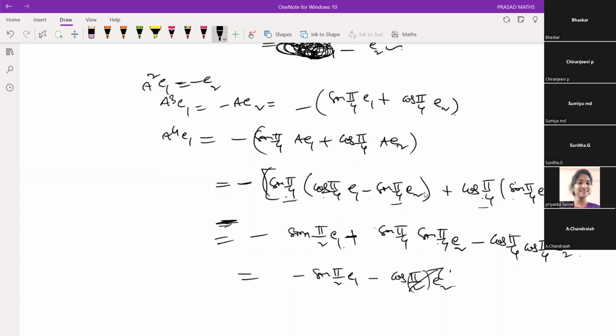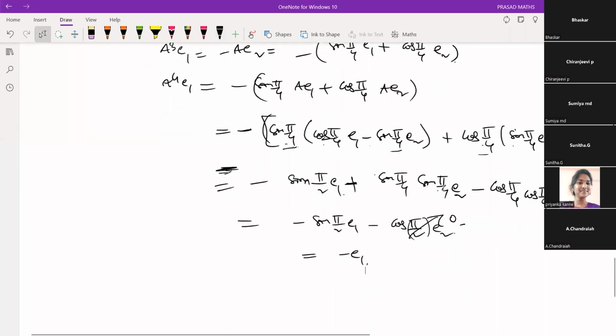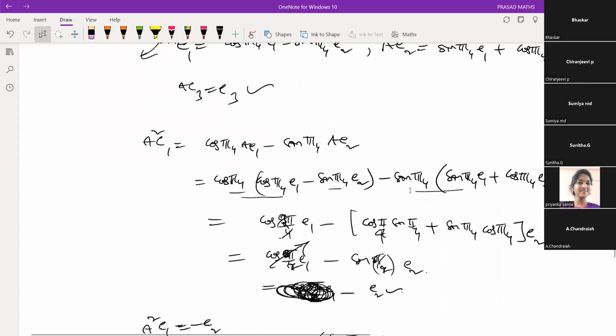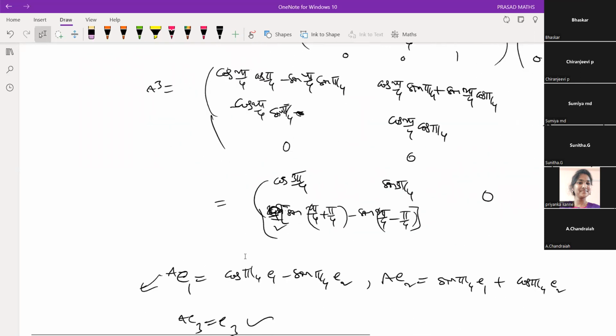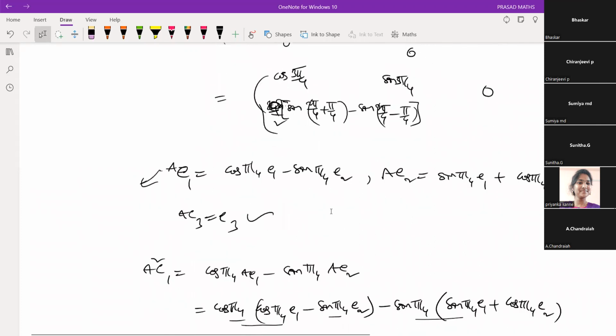So again this is 0, nullified. It's nothing but minus e1. So therefore next time we come to a power 5 e1. That means minus e1, that means what you're going to get: e1 cos pi by 4.